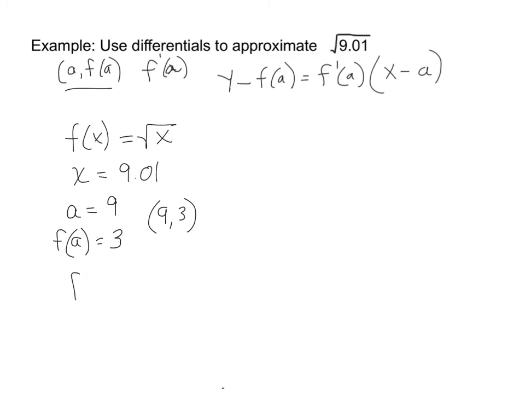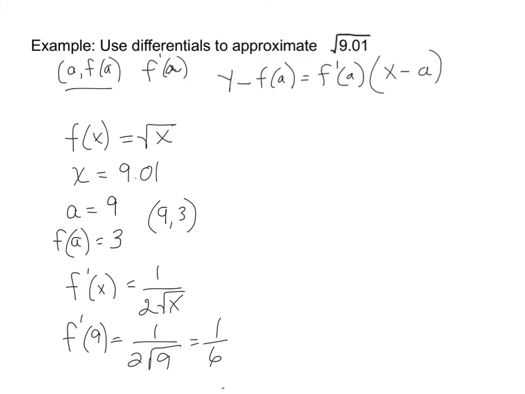Now we need the derivative. So the derivative of the square root of x is 1/2 x to the negative 1/2. So if I write it that way, I've got it. But I don't want f prime of x, I want f prime of A, and A is 9. So I'm going to do 1/2 square root of 9. The square root of 9 is 3, 2 times 3, so this is 1/6.